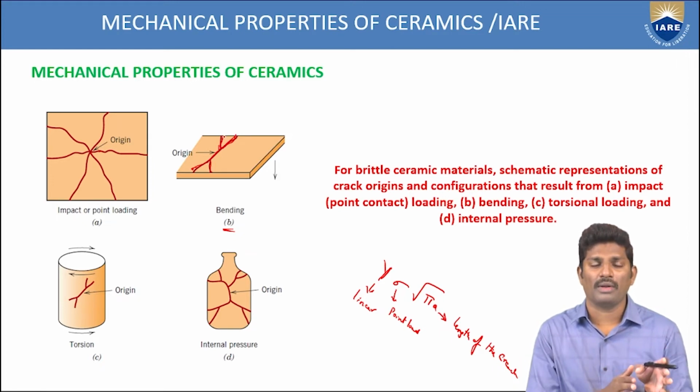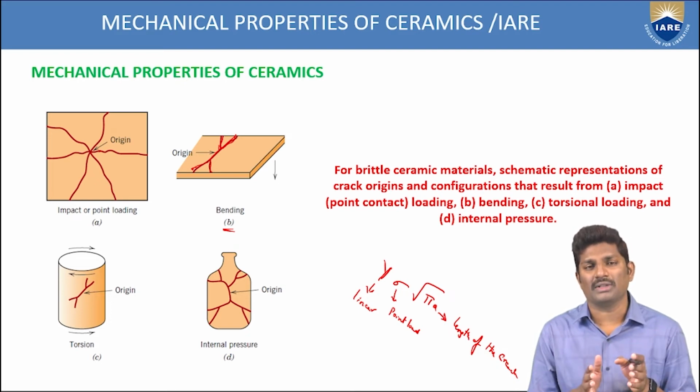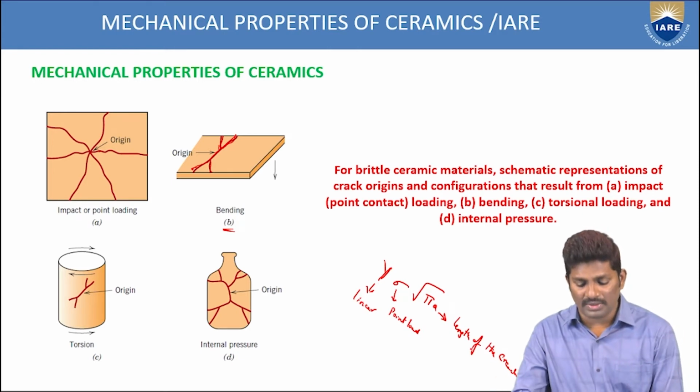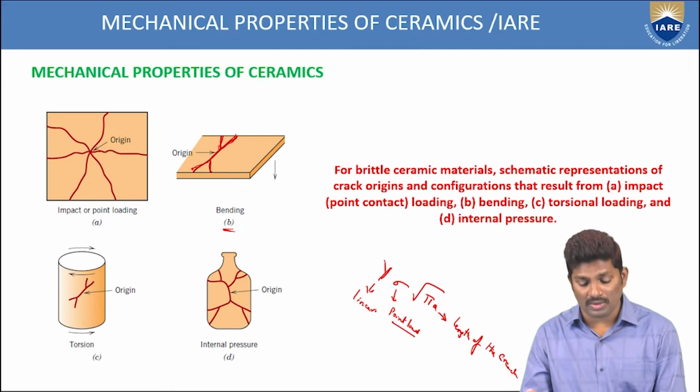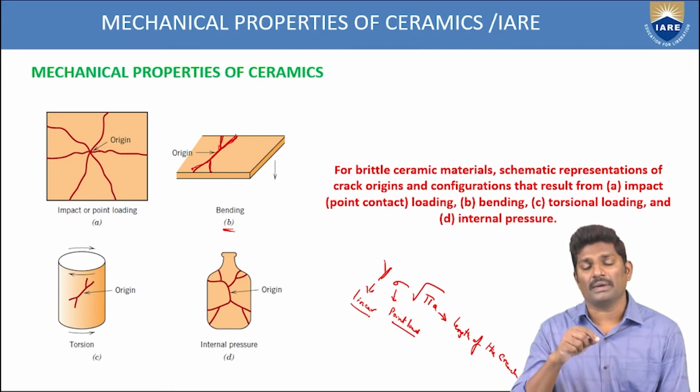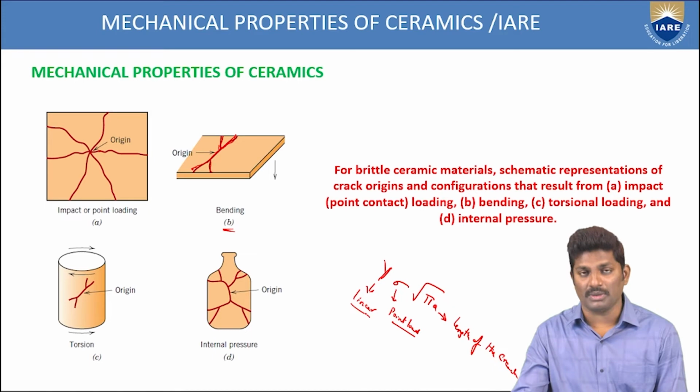When you compare the point load with the bending load, different cross sections of the brittleness can be observed. So the type of load varies the length of the brittleness, the dimensions, and the geometry of the brittleness.